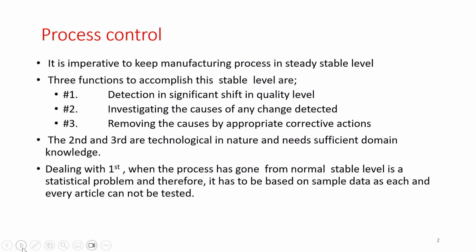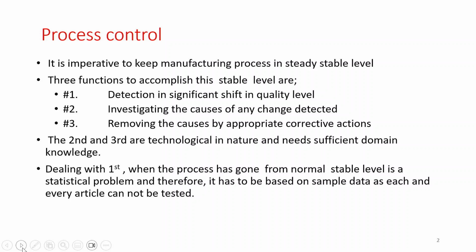If we are producing thread or producing shirts, testing each and every item is impossible. So we have to always take some sample, and based on sample results, we need to take a decision whether the process is within the permissible limit or not.